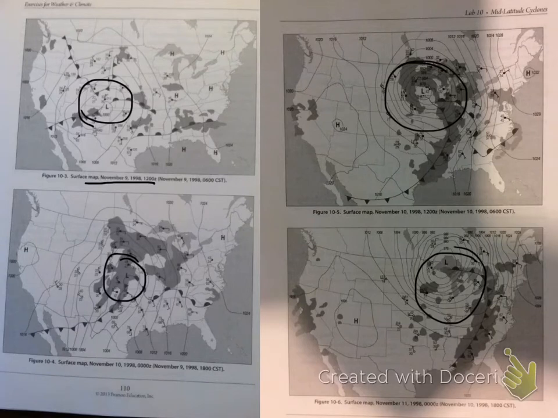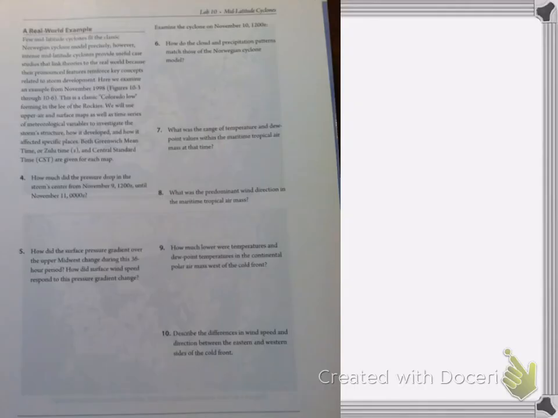And we're going to see how much it dropped. Let's take a look at this map. This bottom one is a 976, and this one is 970. So 970 is the lowest pressure out of my 3 maps.